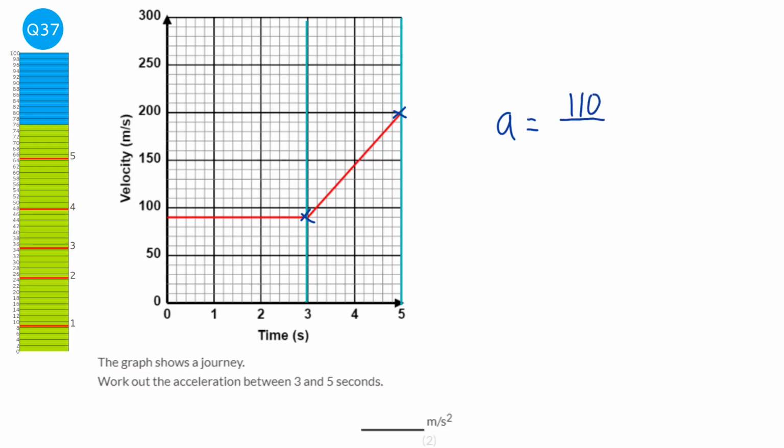Now the time is 2 seconds, so it's going to be 110 divided by 2, which is 55, and the units will be velocity per second, or meters per second squared. And so it's 55 meters per second squared.